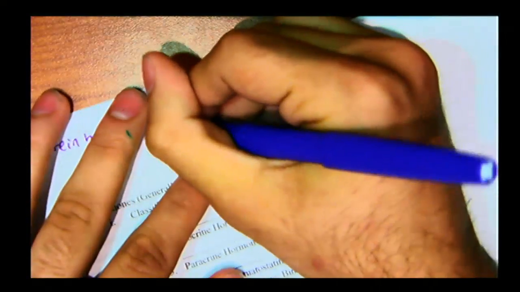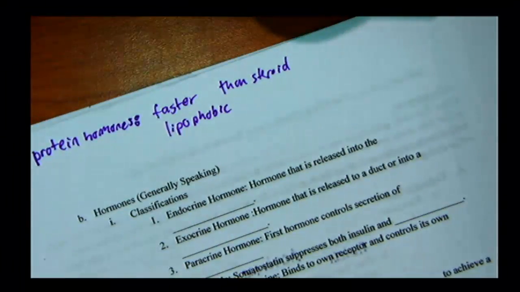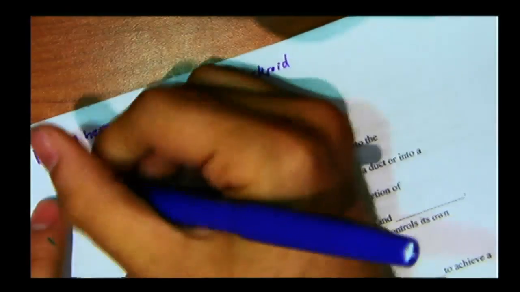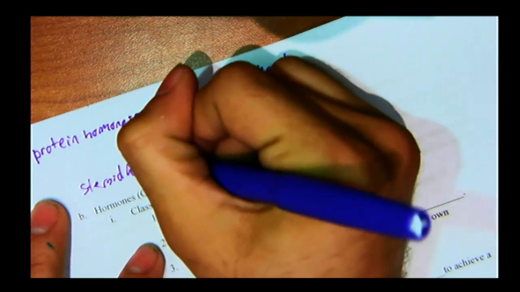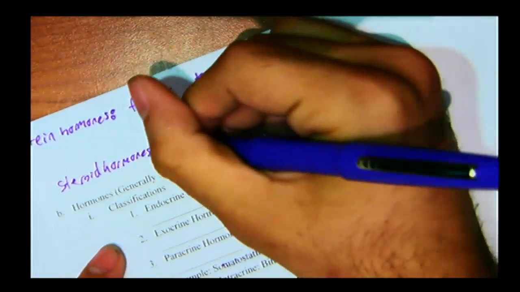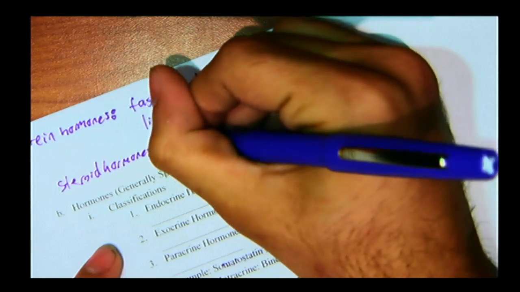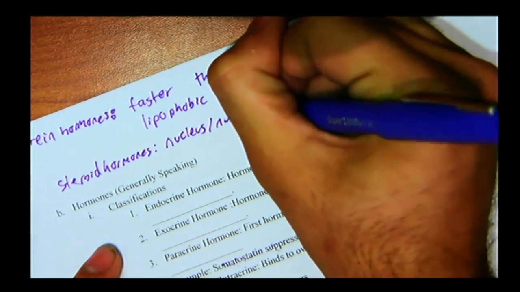Where do steroid hormones bind? Steroid binds inside of the cell on the nucleus, because they're nuclear receptors, right? So when T3, T4 goes into the cell, it doesn't stop in the cell membrane. It keeps going and affects DNA directly.